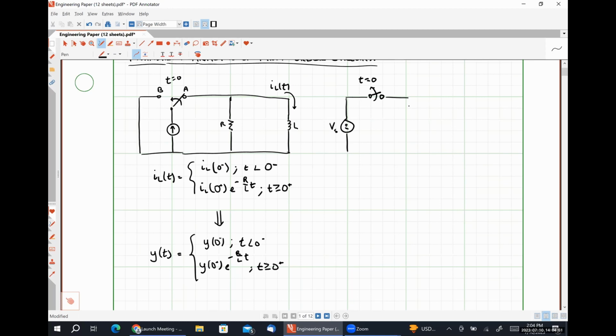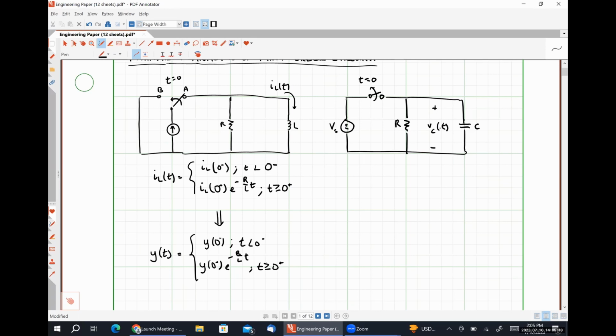We have our resistor R here, our capacitor C over here, and this will be our voltage vC as a function of time. Let me draw that C a little bit better.